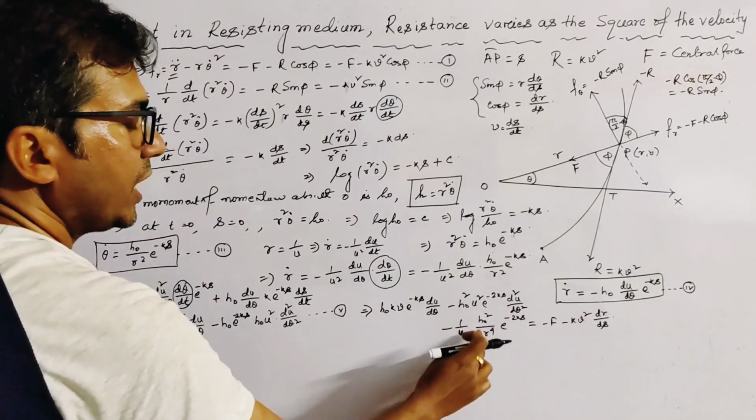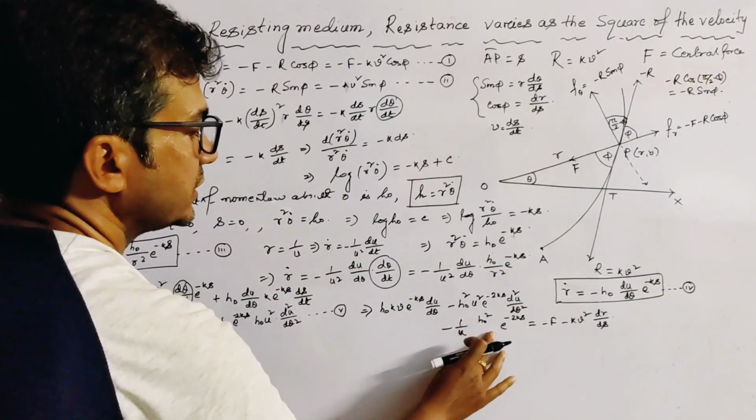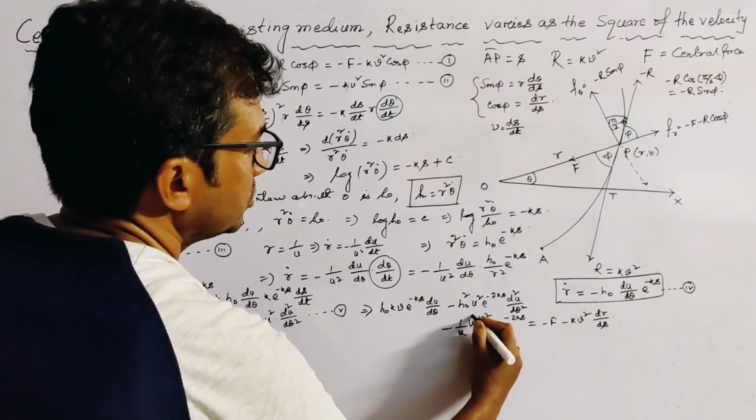Now we put 1 by r to the power 4 into e to the power minus 2ks.